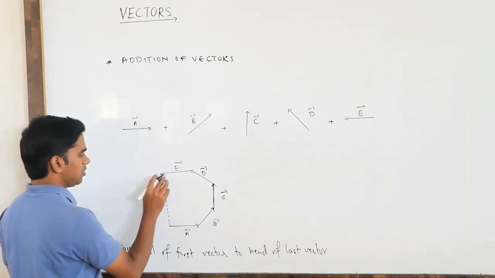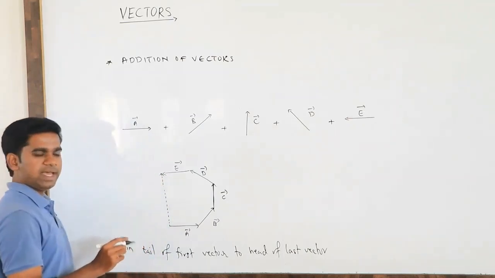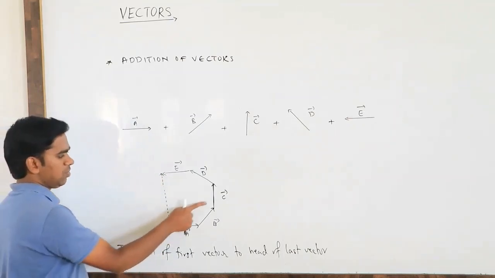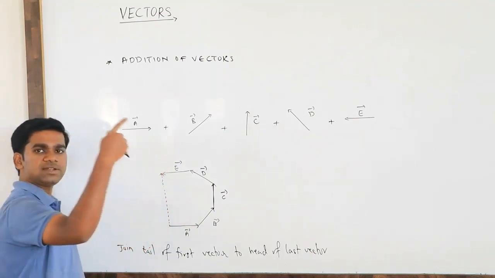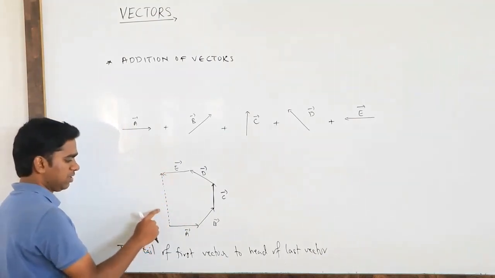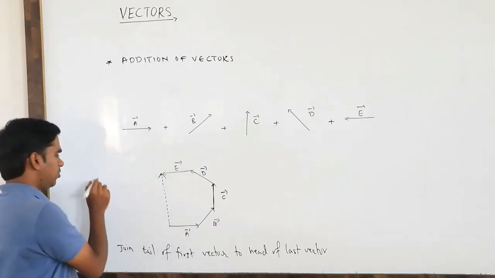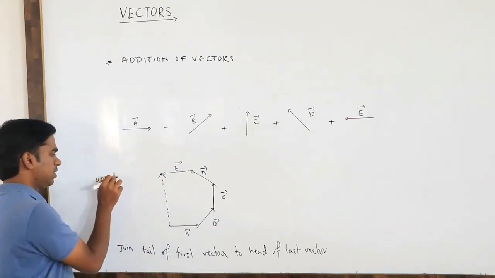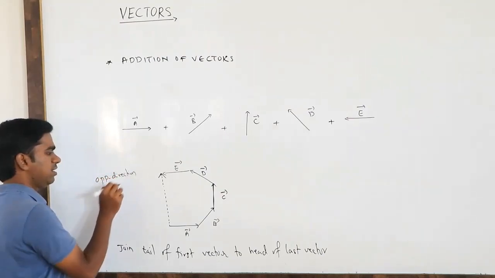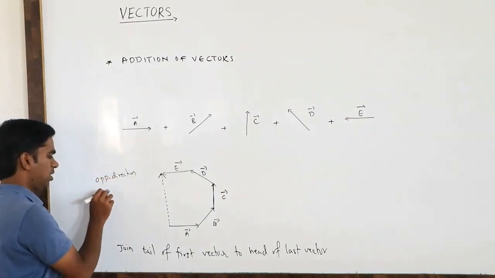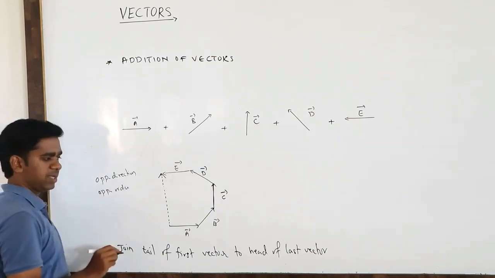So what about the direction? These vectors are in the same direction, so the resultant should be in the opposite direction. Don't take it in the downward direction; take it in the upward direction, in the opposite or reverse order.